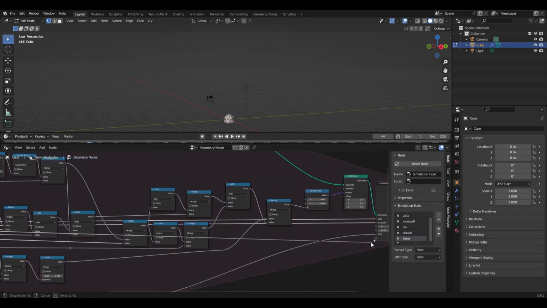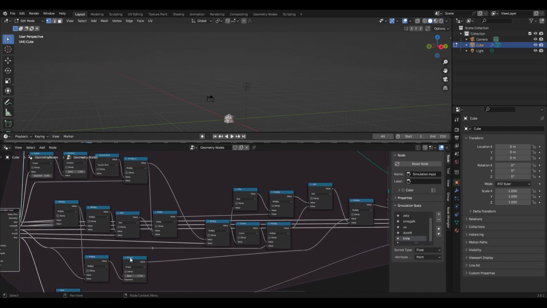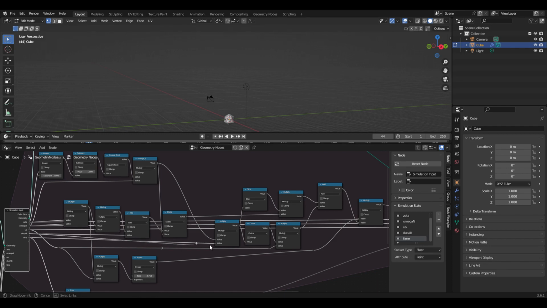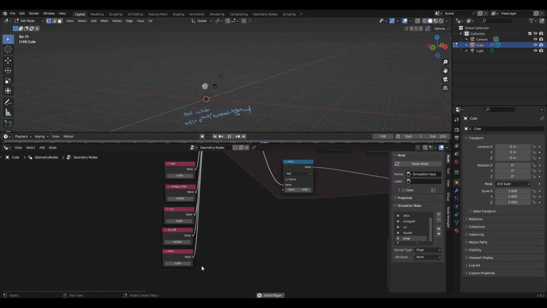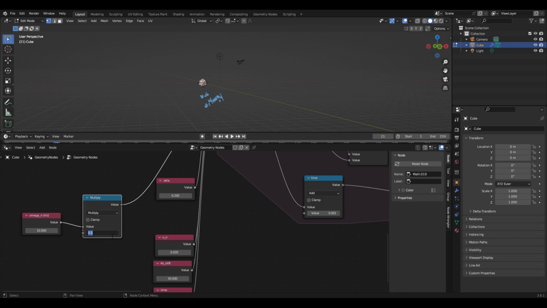I think what I need to do is feed these other terms, the zeta, the omega n, the u naught, the du dt naught, feed those in, and look, there it goes. Now we have something oscillating there.